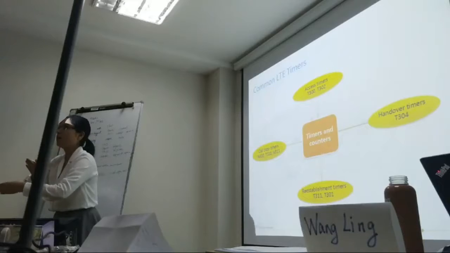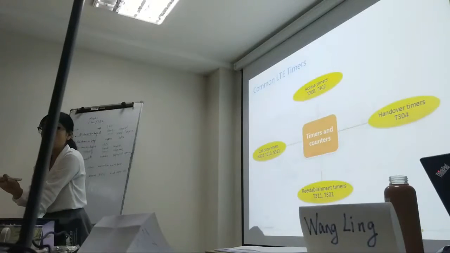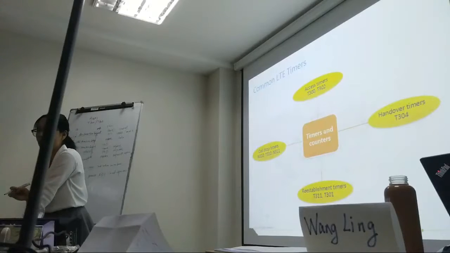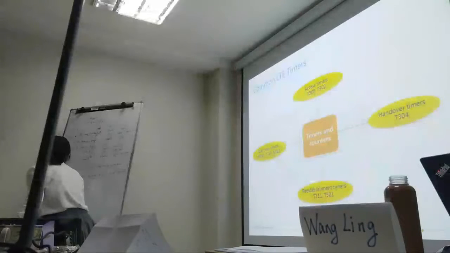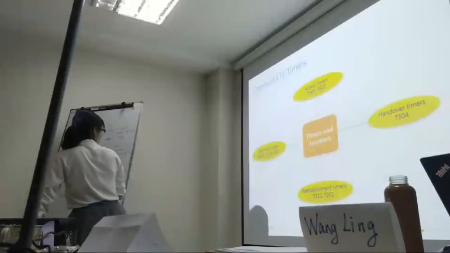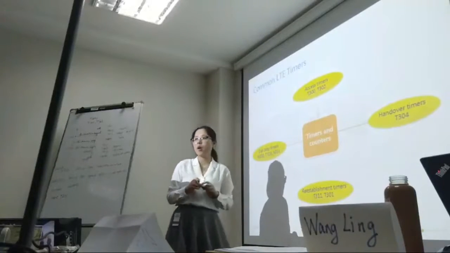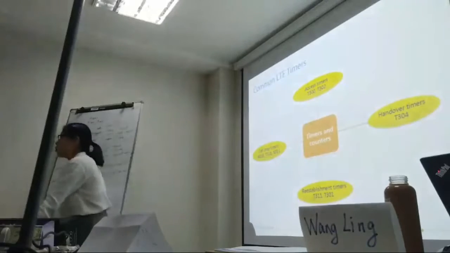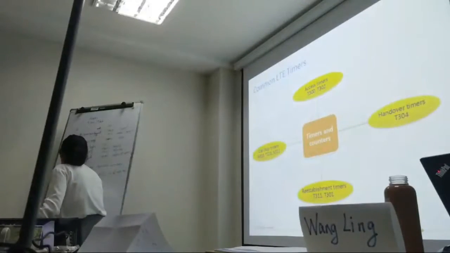So when I start the re-establishment, I should first find a cell to transmit the re-establishment request. So it will start T311, this re-establishment timer. This timer is used to perform the cell selection.